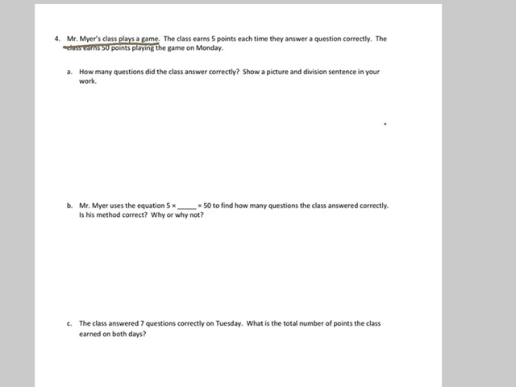Mr. Mayer's class plays a game. The class earns 5 points each time they answer a question correctly. The class earns 50 points playing the game on Monday. So for that, let's draw a tape diagram. The total is 50 points, okay?